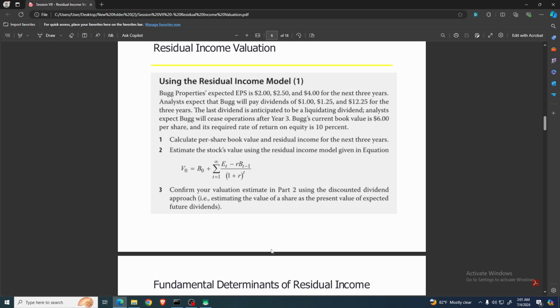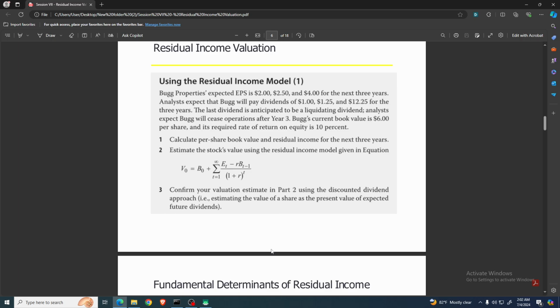Analysts say the expected dividend payout is going to be $1, $1.25, and $2.25 for the next 3 years. Note that there is a significant bump in dividend payout from year 2 to year 3. Then the book value per share is $6 per share, and the cost of equity is stated as the rate of return on equity.